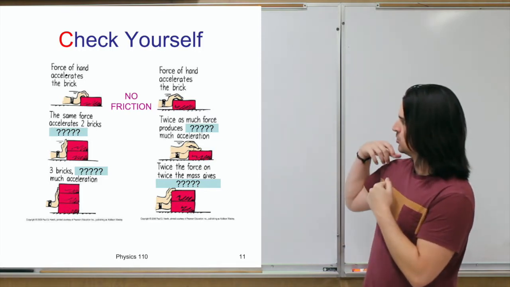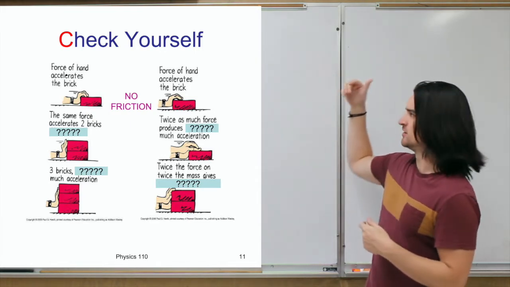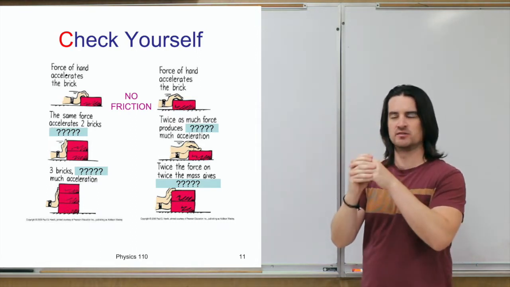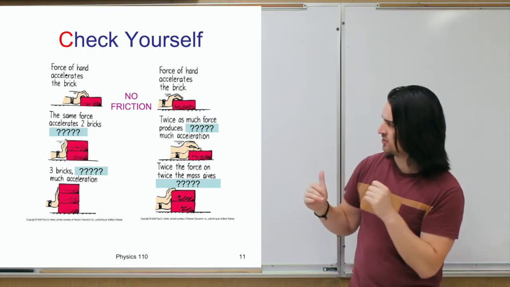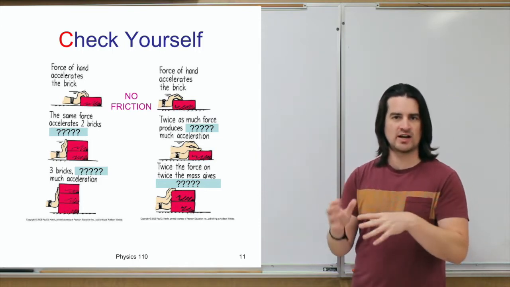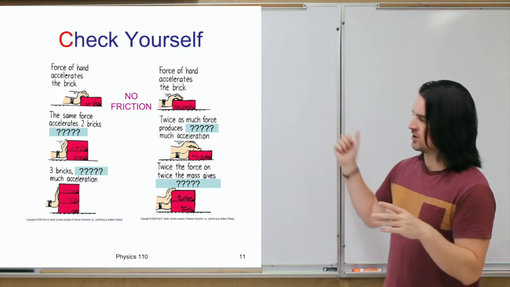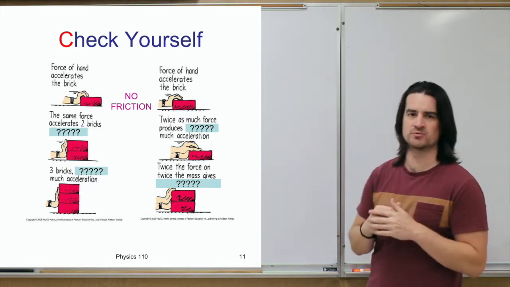So when you apply this standard force to one brick, you get a certain acceleration. Think of that as our beginning acceleration. In each of these other questions, you want to be able to answer how many times more or less will these other situations be accelerated by, or what will the acceleration be relative to that first one.